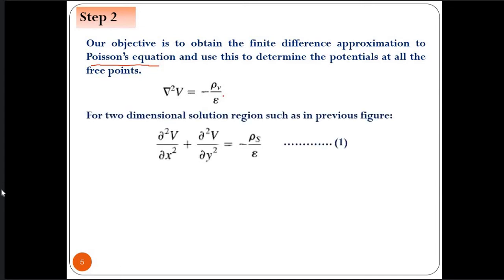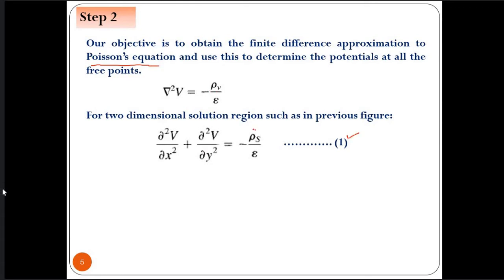Now, as per the given solution region, this is a two-dimensional region, so we are considering only the x and y components. If we rewrite Poisson's equation for two dimensions, we can write it as equation number 1.